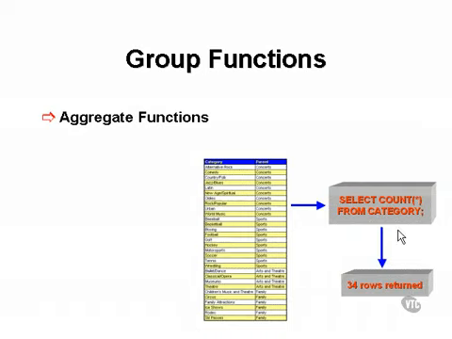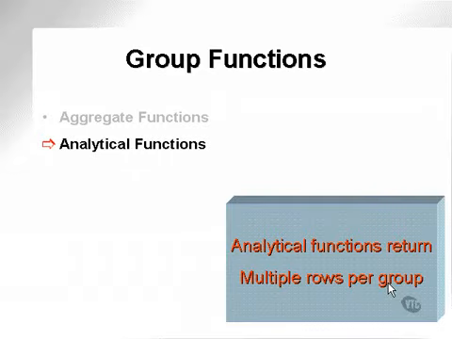As we can see from here, once again, we've selected the count from the category and we've come up with 34 rows returned. The analytical function actually analyzes data, groups it into sections, and it would return multiple rows per group, but it would not necessarily return a single row from a summary of multiple rows.